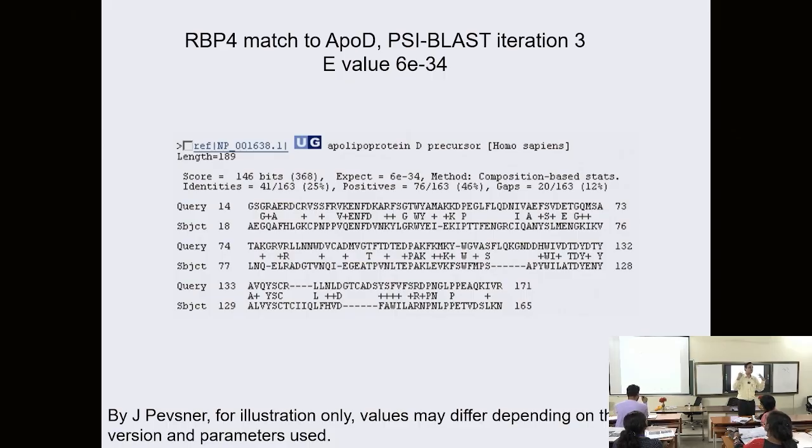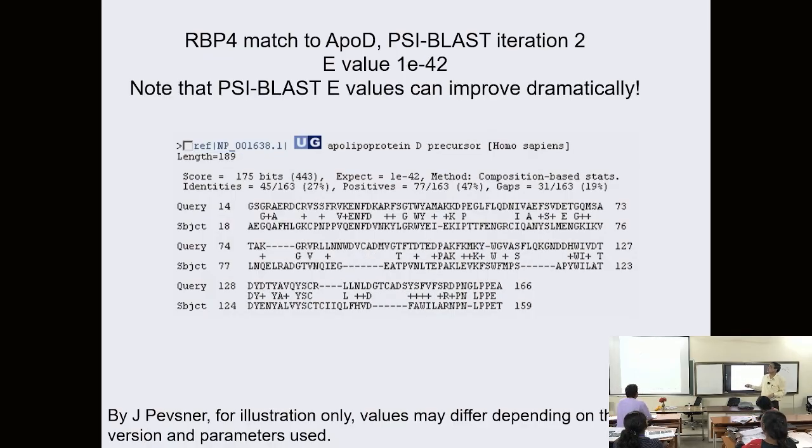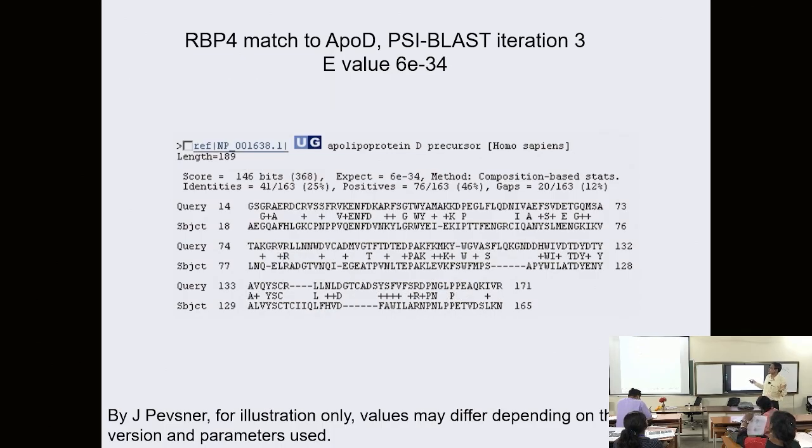As new members are being added, these are getting refined, so this value will change. It is still close to 0. Iteration 2, 10 power minus 42, almost 0, and 10 power minus 30 is still 0. But it will keep getting refined as you keep refining the matrix through this iterative process.